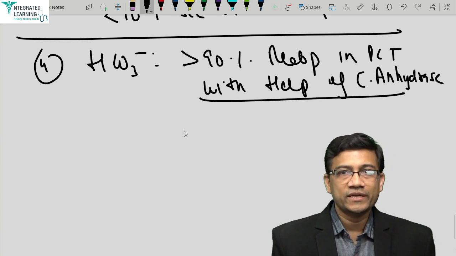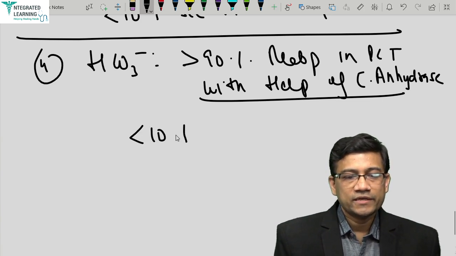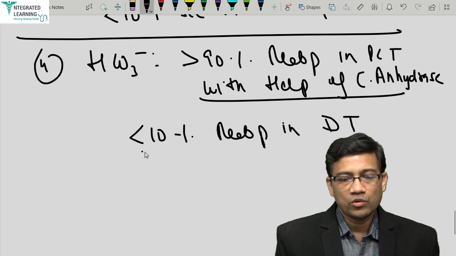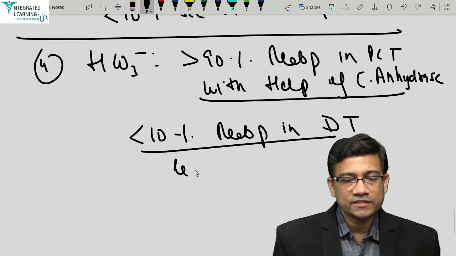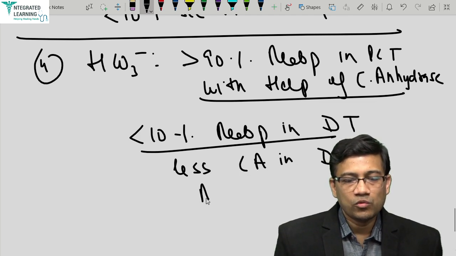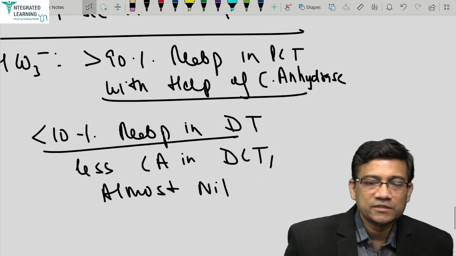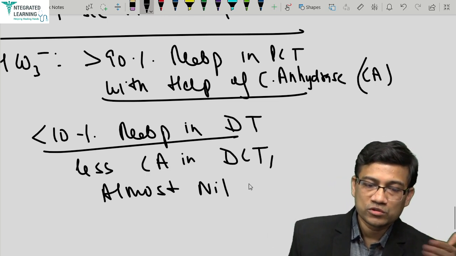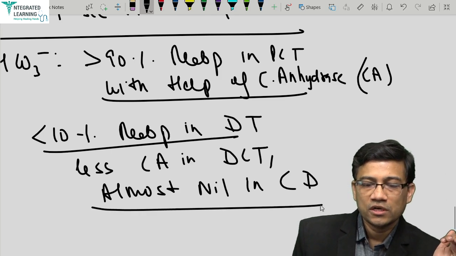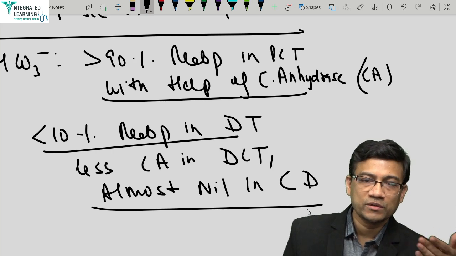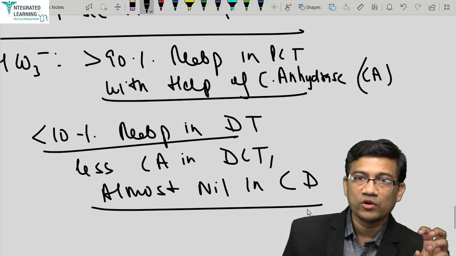More than 90% in PCT and less than 10% reabsorbed in DT, the distal tubule. Clear? And carbonic anhydrase is less in DCT and almost nil in CD. So carbonic anhydrase is mainly in PCT, brush border epithelium, very little in DCT and almost nil in the collecting duct. So the CD can't acidify well, it can't buffer very well because the enzyme is deficient.